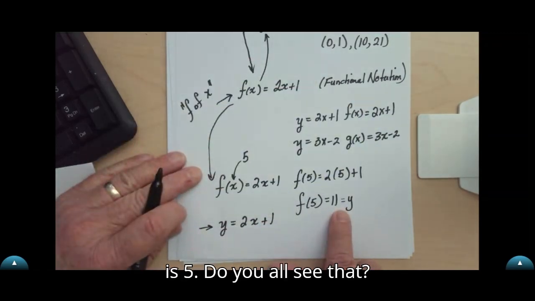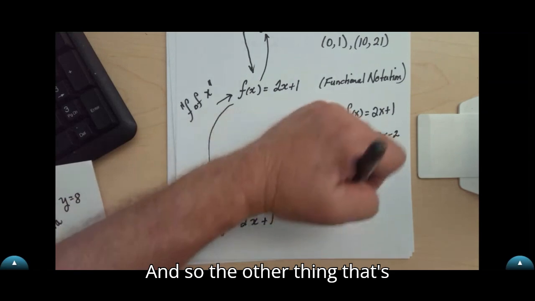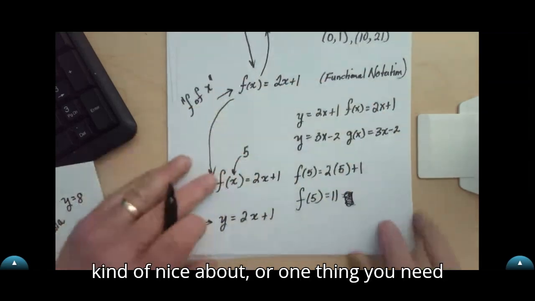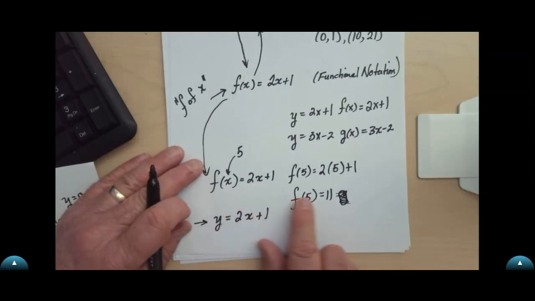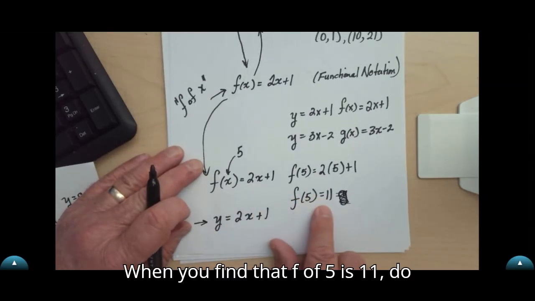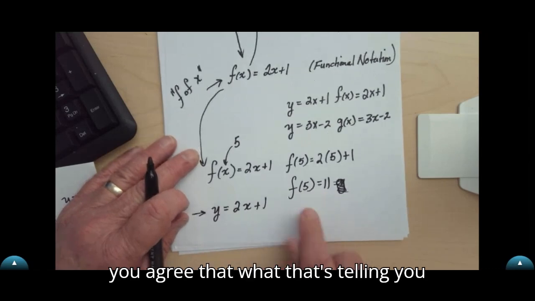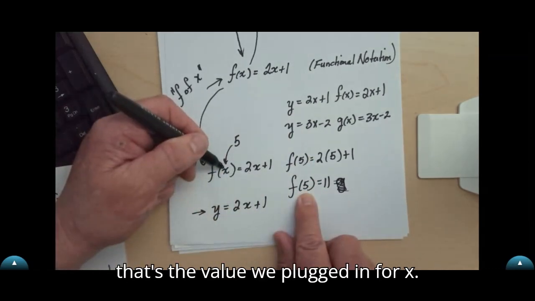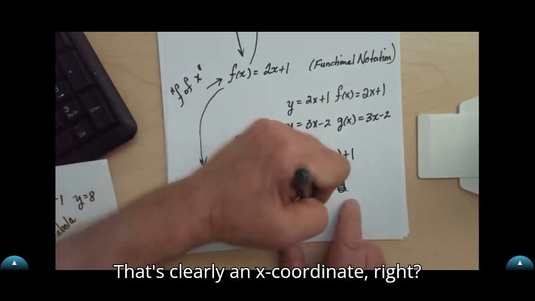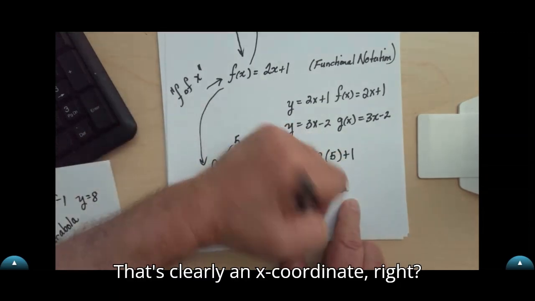Do y'all see that? One thing you need to see about this functional notation is, when you find that f of 5 is 11, what is 5? That's the value we plugged in for x. That's clearly an x coordinate, right?